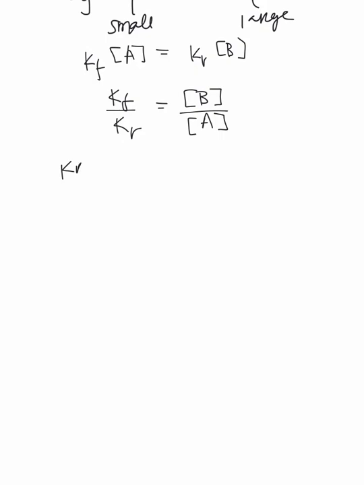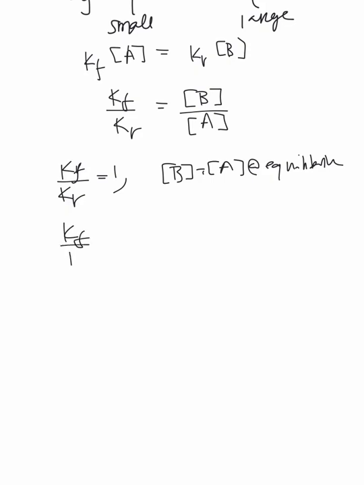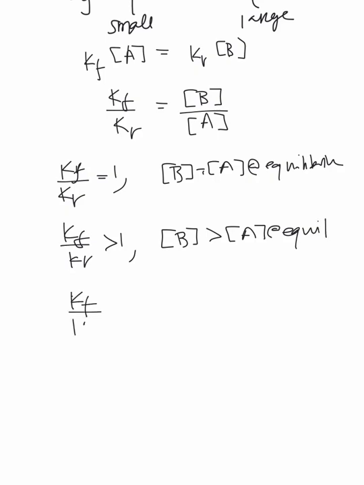So if Kf over Kr is equal to 1, then the concentration of B is equal to the concentration of A at equilibrium. If Kf over Kr is greater than 1, then B must be greater than A at equilibrium. And finally, if Kf over Kr is less than 1, then the concentration of B must be less than the concentration of A at equilibrium.